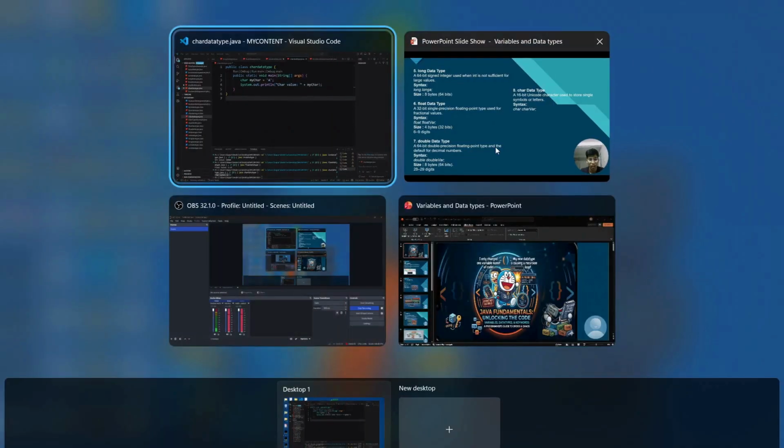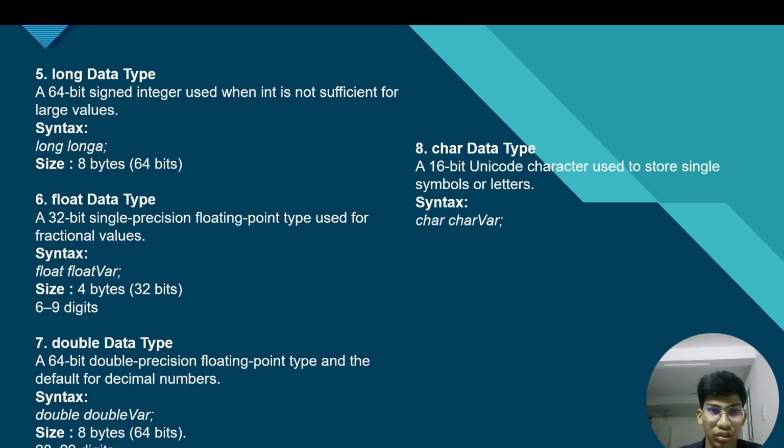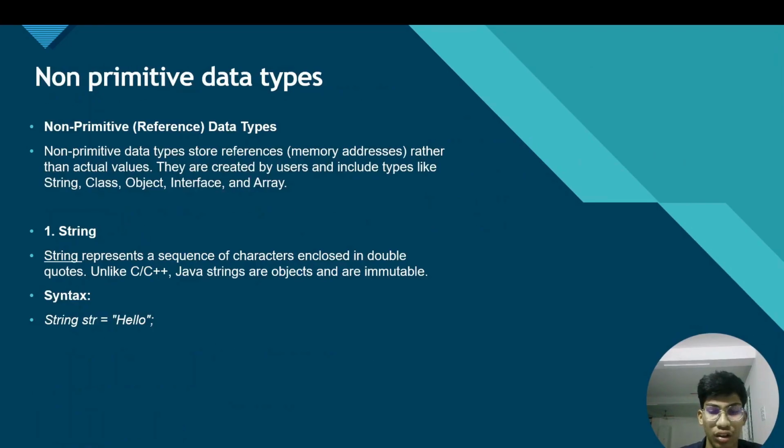Now let us go through the new concepts. Non-primitive data types. Non-primitive data types store references rather than their actual values. Some of them are arrays, strings, classes and interfaces. Strings are a sequence of characters enclosed in double quotes.